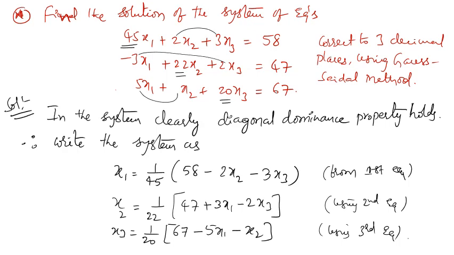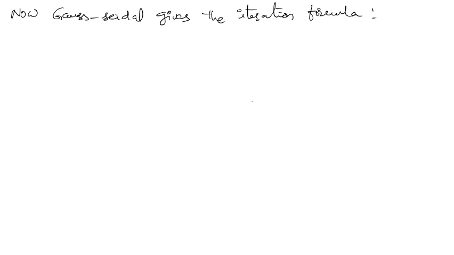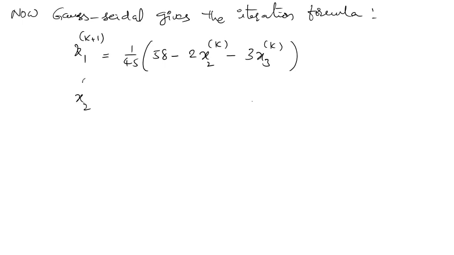Now what is the Gauss Seidel iterative formula? Now Gauss Seidel gives the iteration formula. What is that? x1 value at k plus 1th iteration is equal to 1 by 45 of 58 minus 2x2 at what? Kth iteration, 3x3 at what? Kth iteration. Now x2 value at k plus 1th iteration is 1 by 22 of 47 plus 3x1.